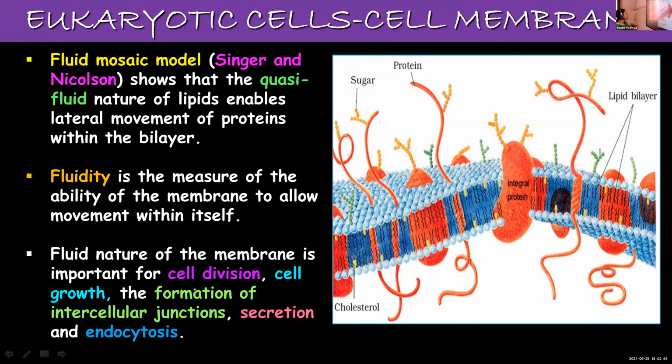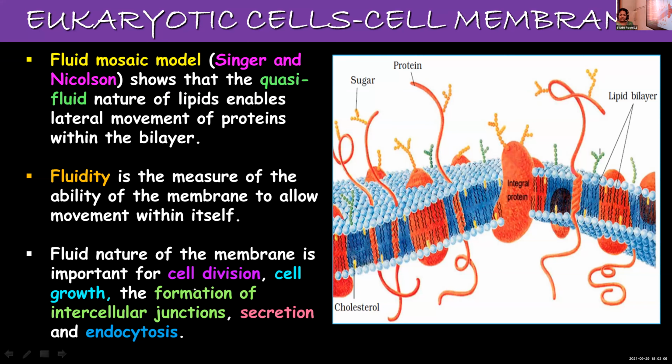Once again, the fluid mosaic model was suggested by scientists Singer and Nicolson. According to them, the quasi-fluid nature of the lipids enables the lateral movement of the different proteins present within this bilipid layer.